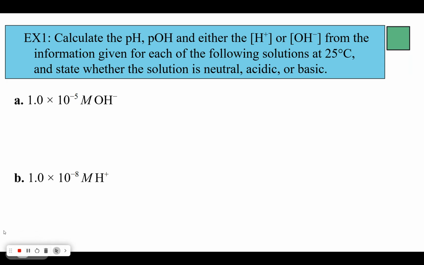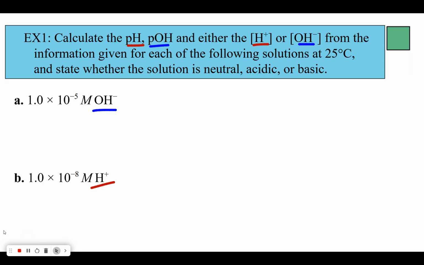We are given a single concentration, and the concentration we're given kind of varies in each problem. Here I'm giving the molarity of my OH solution, and here I'm being given the concentration of an H plus based solution. And so the process we're going to go through is going to change in each problem, but we are going to calculate both our pH and our pOH, and then whichever of the two concentrations that we are missing.